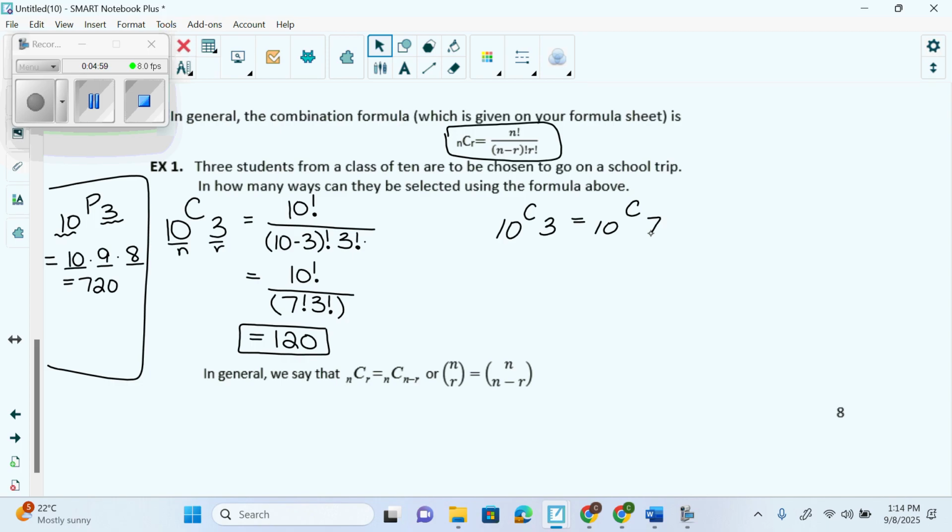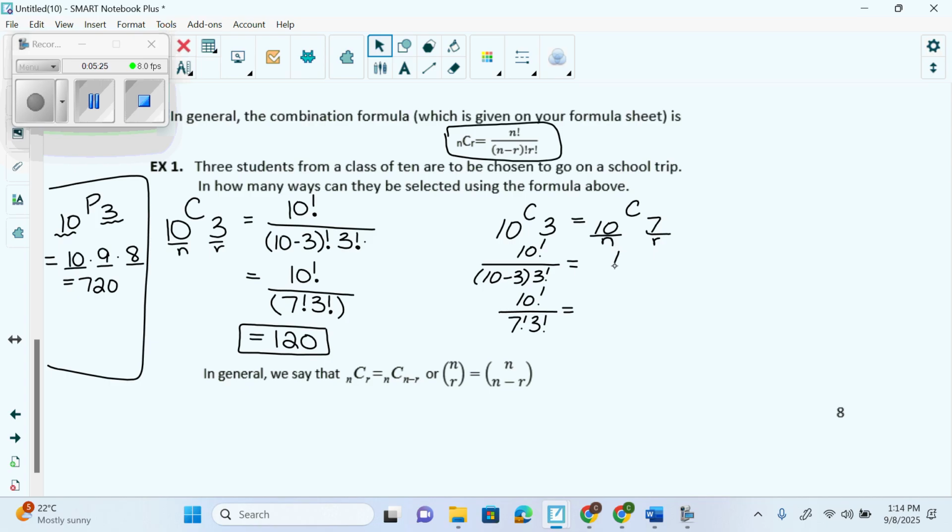Okay. So we did the 10C3 formula. It was 10 factorial over 10 minus 3 factorial, 3 factorial, which was 10 factorial over 7 factorial, 3 factorial, right? Now we're saying that these are the same, so they should equal each other in the end. Well, now my n is 10 and my r is 7.